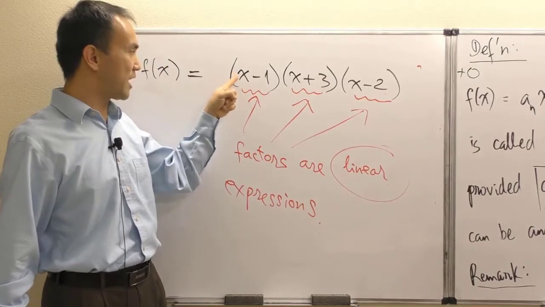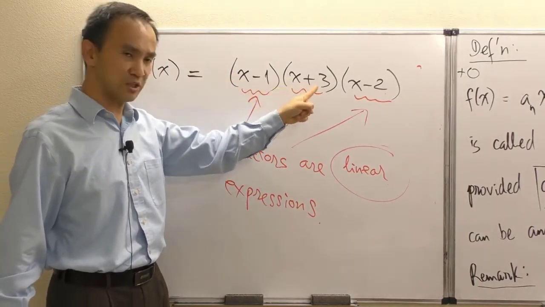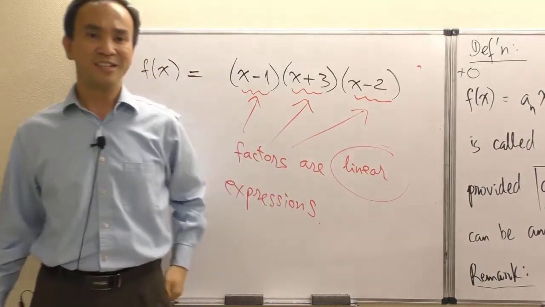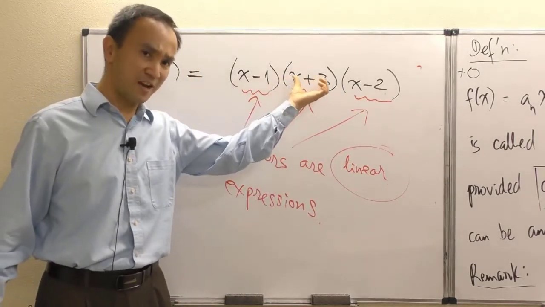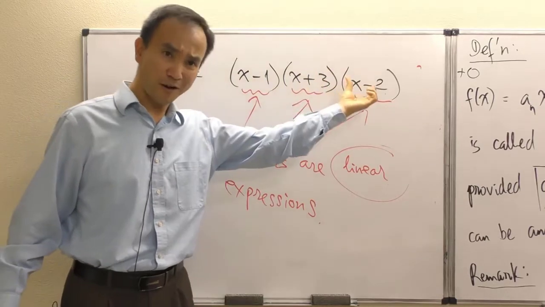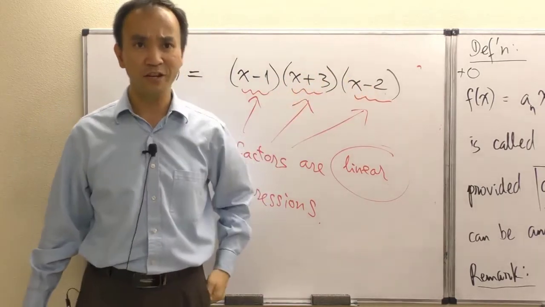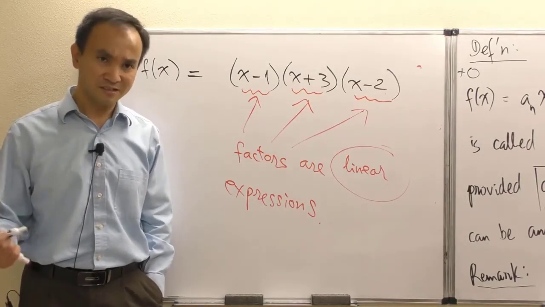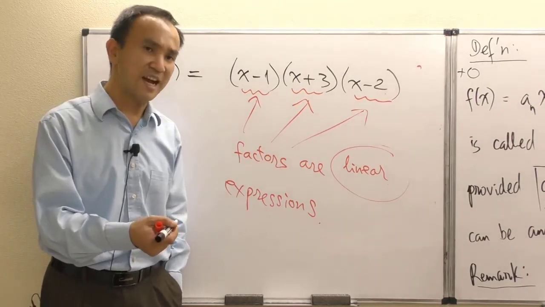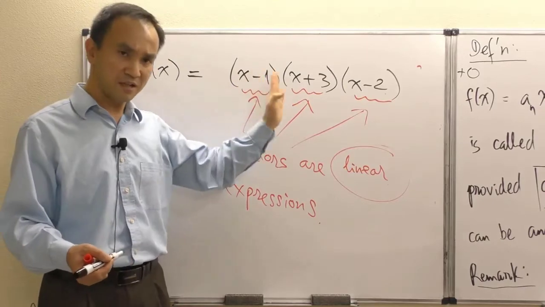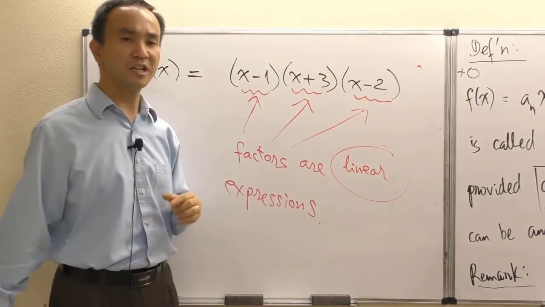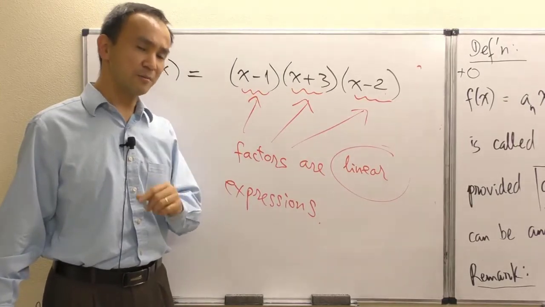This is 1x minus 1, this is 1x plus 3, and this is 1x minus 2. That's what I meant by linear. So each of these is a literal polynomial, a linear polynomial, a degree 1 polynomial. Ideally, when you're working with a polynomial like that, a lot of times these should be all linear polynomials.